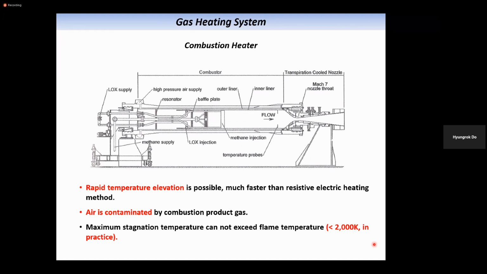But the line width will not be only the function of gas density. It will be also a function of temperature. It will be also a function of velocity, all other properties. But maybe the sensitivity of the line width would be high for the gas density. So in that case, you are choosing the line width as the gas density indicator.